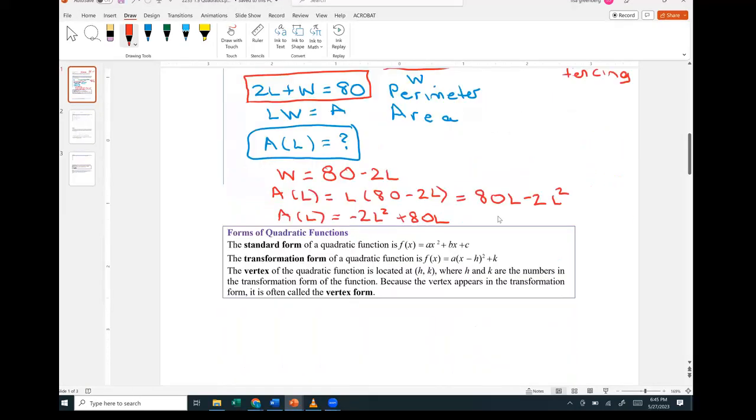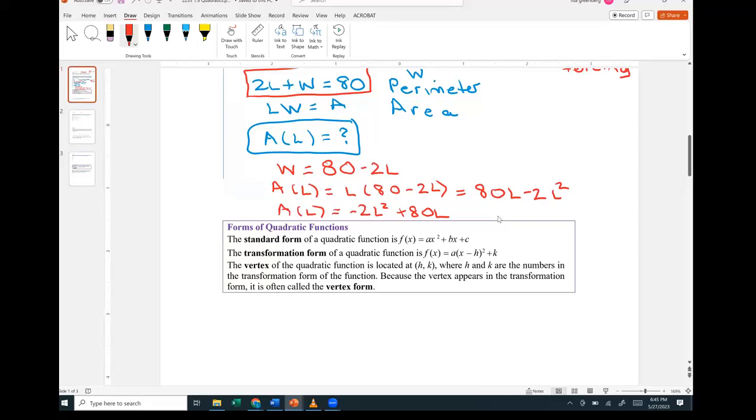Now, forms of quadratic functions. So in standard form, which is what I said, we put this in as standard form. Notice that you have a function and you have the ax squared plus bx plus c in descending order. That's called standard form. Transformation form, also called the vertex form.